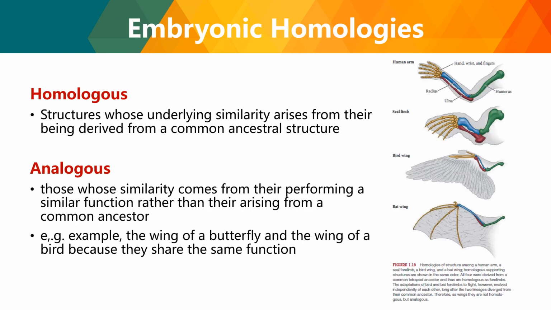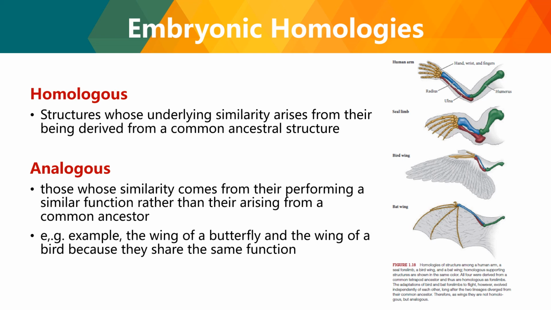So, one of the most important distinctions made by evolutionary embryologists was the difference between analogy and homology. When you say homologous, these are structures whose underlying similarity arises from their being derived from a common ancestral structure, like what you see here on the image on the right. A human arm is homologous with a seal limb, a bird wing, and a bat wing.